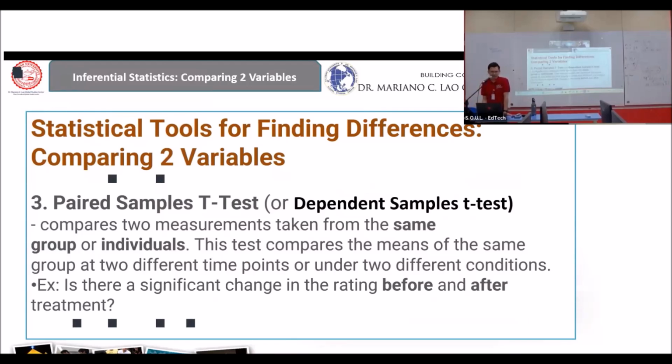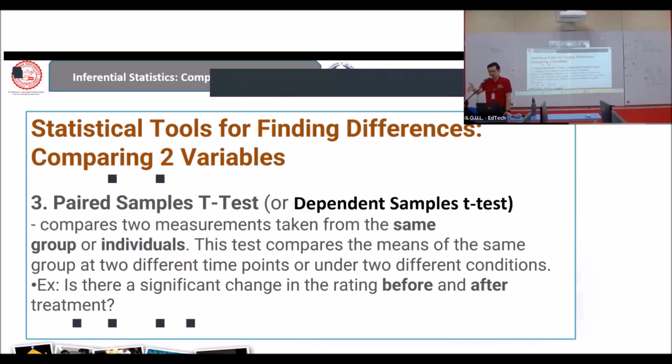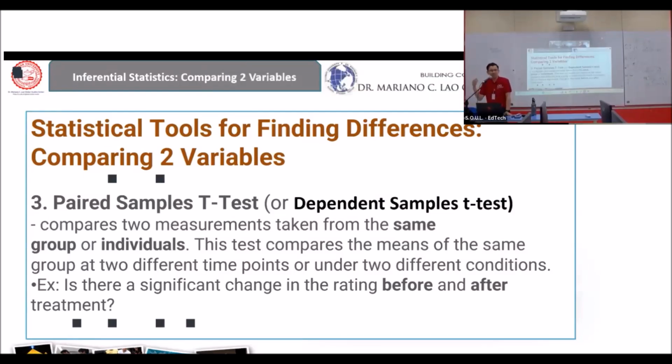For example, I will ask you, is there a significant change in your understanding before the class and after the class? That's what you call a paired samples t-test, because that is dependent.